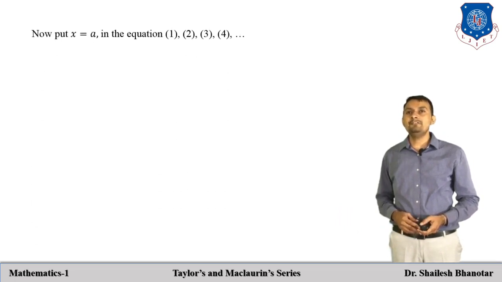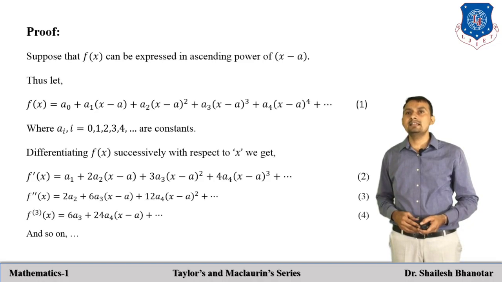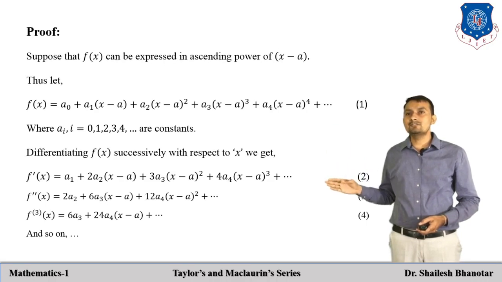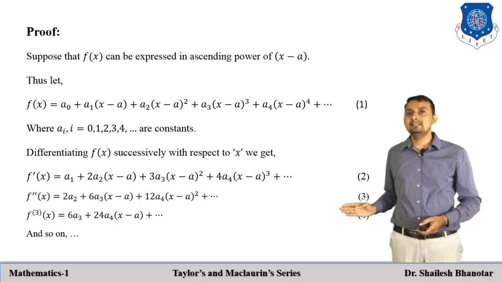If we put x equal to a in the first equation, we get f of a equal to a0. When we put x equal to a, f dash at a is equal to a1, f double dash at a is 2a2, and the third derivative at a will be 6a3.